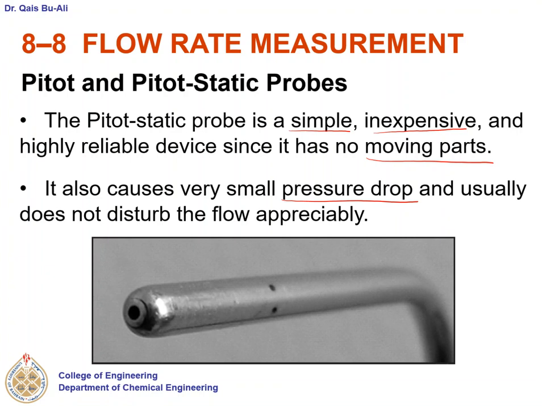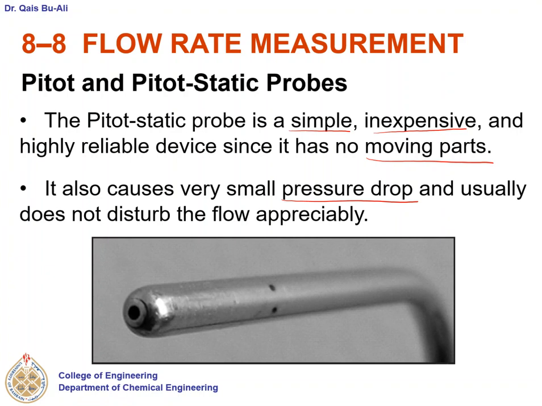It is named after the French civil engineer Henri de Pitot. And we said we can do this by measuring the pressure at 2 points, the stagnation point and the static point. So we can get the difference between the stagnation pressure and the static pressure.